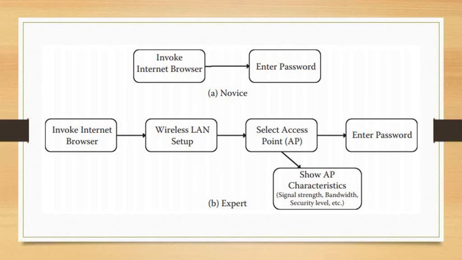So, pinuntahan niya yung IP address ng internet niya, then nag-enter lang siya ng password. So, ikaw naman, since na-expert ka, so, invoke internet browser, so marami kang process na pinagdaanan. Wireless LAN setup, tapos select access point or yung access point na gusto mong palitan ng password. So, signal strength, bandwidth, security level, etc. tinignan mo rin, tsaka ka nagpalit ng password.